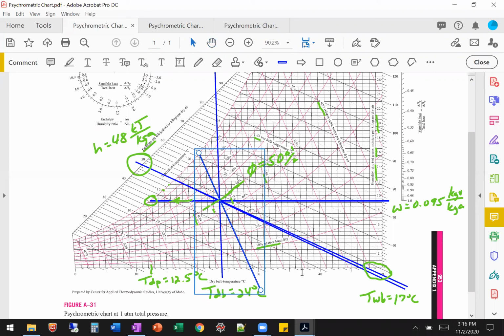That's good enough to say it's about 0.855, since this is 0.85 right here and this is 0.86, so I'll say I'm halfway in between. And that's meters cubed per kilogram dry air. Any questions on that?